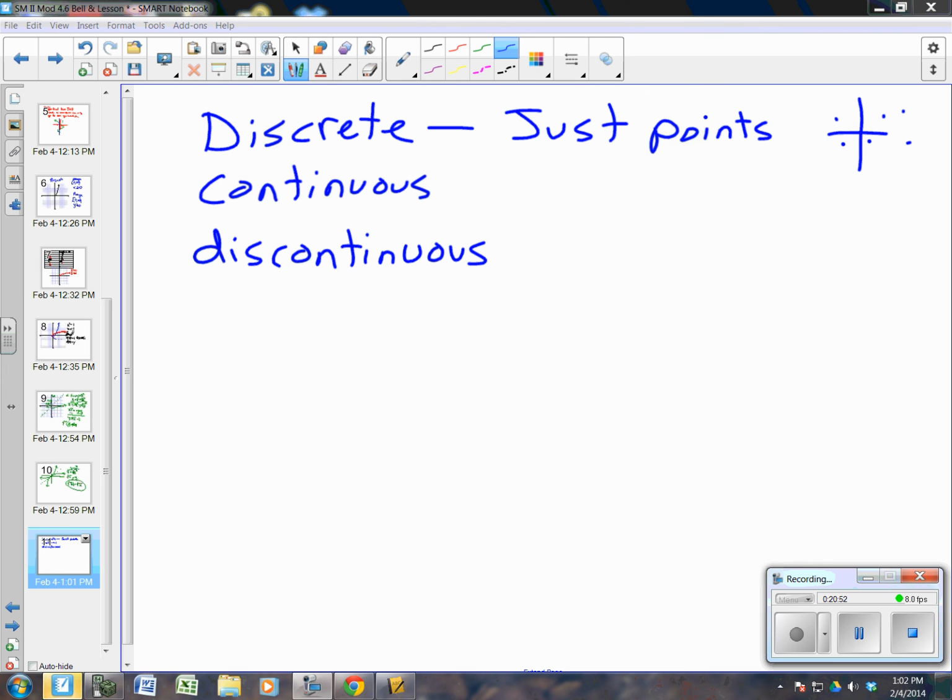Okay? A continuous function is a function that can be traced without lifting your pencil.